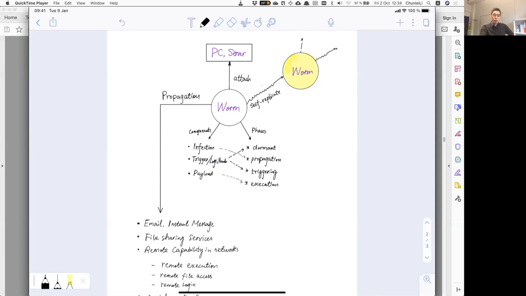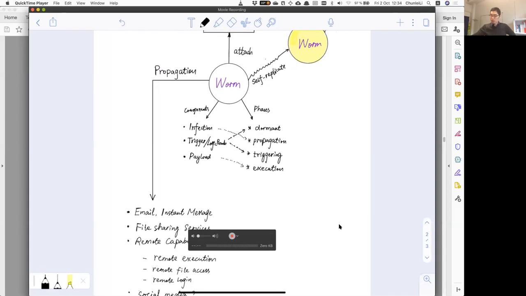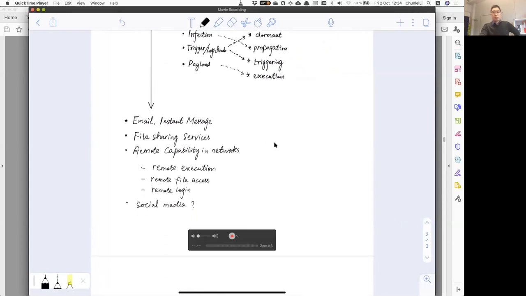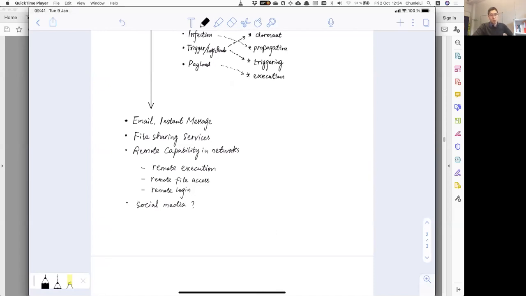There are several ways for a computer worm to propagate, to spread in a network. Here I also took notes from the textbook. A common way is to send the computer worm in email as an email attachment, or send the worm in some instant message application. This is the typical way of most computer worms in the beginning.